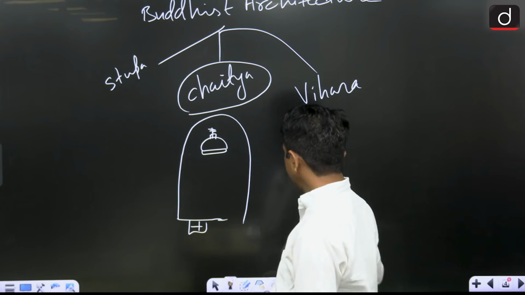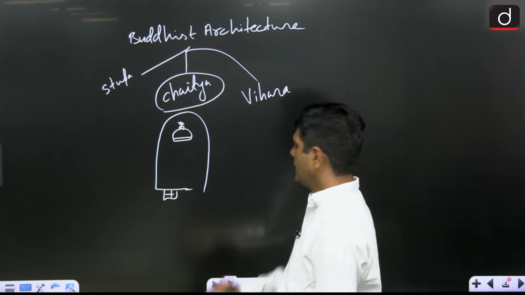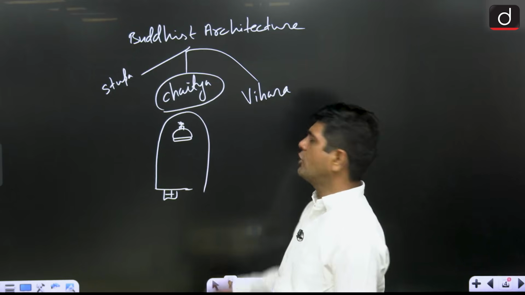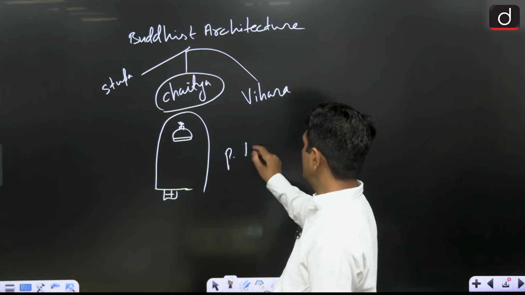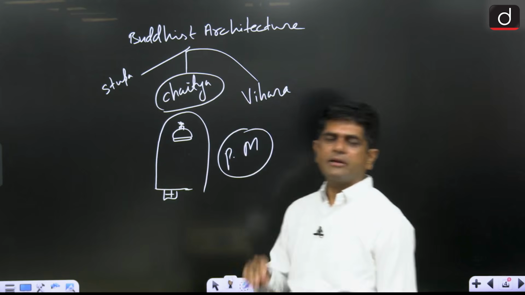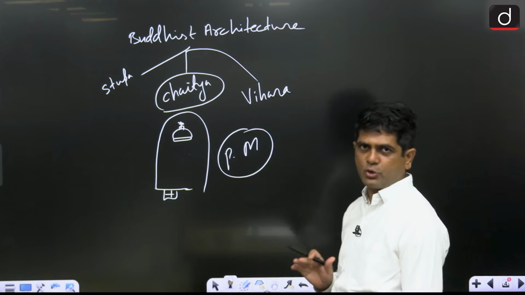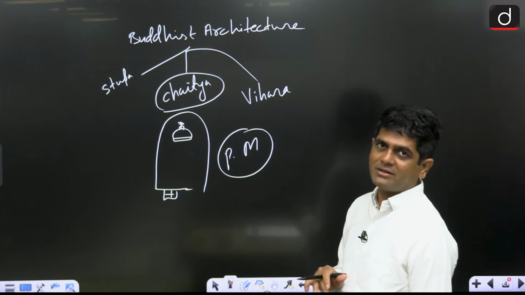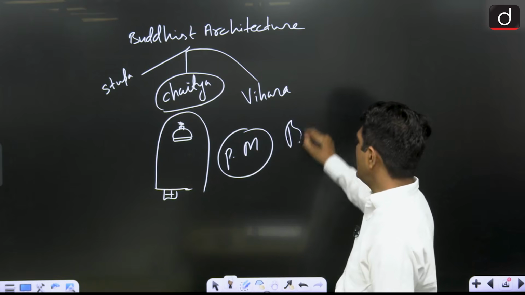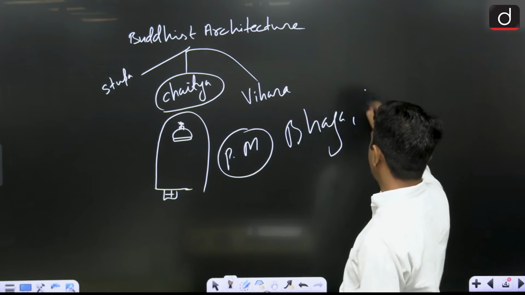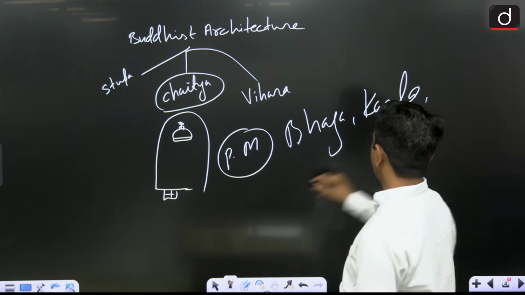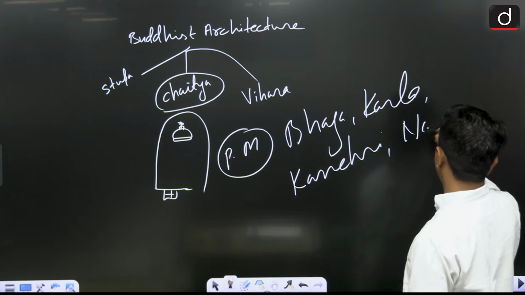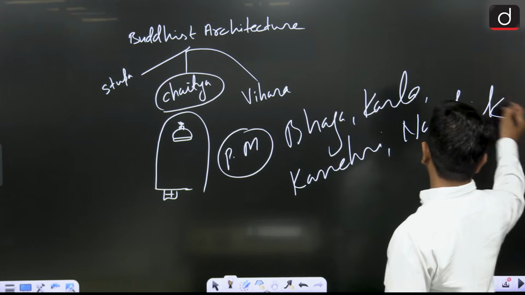Getting my point? Now, important Chaityas built in the post-Mauryan period under the reign of the Satavahana rulers, towards the western part of Maharashtra or western Deccan, are Bhaja, Karla, Kanheri, Nasik, Pitalkhora.